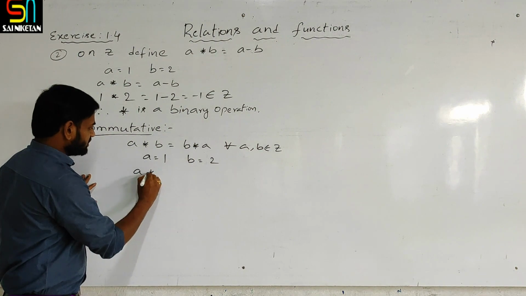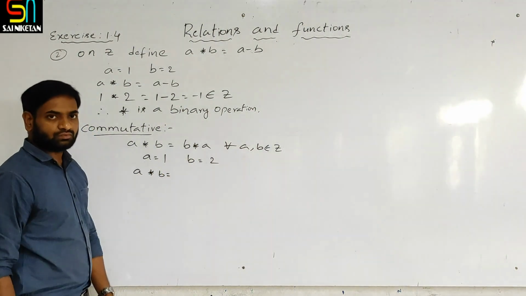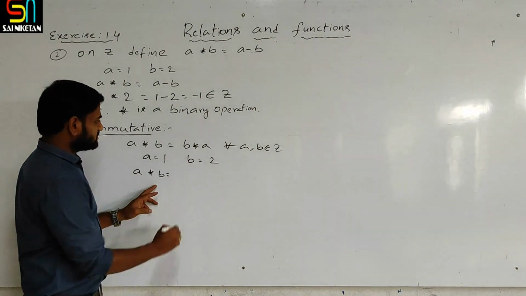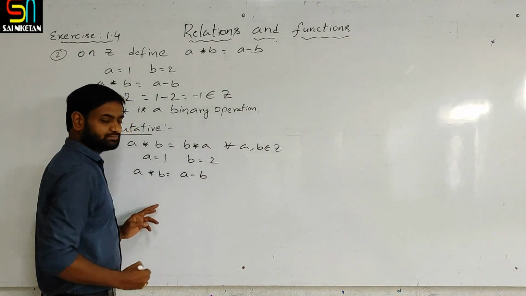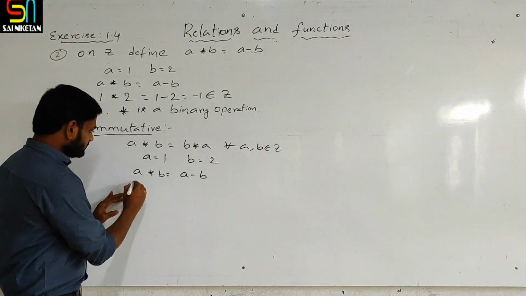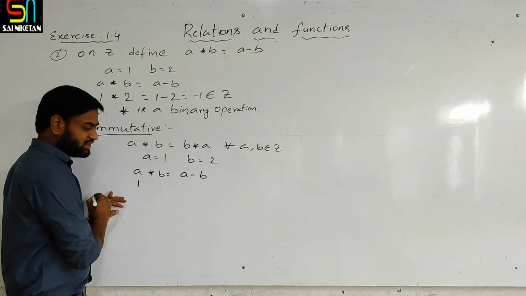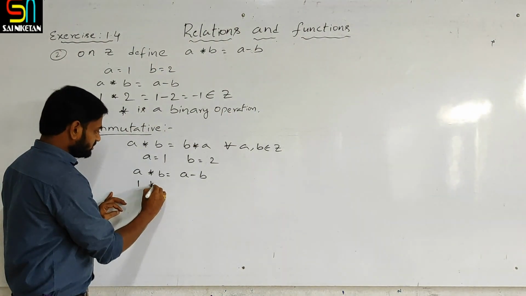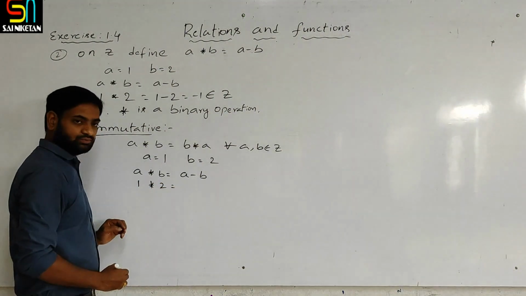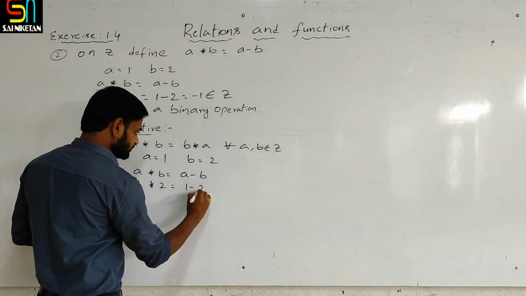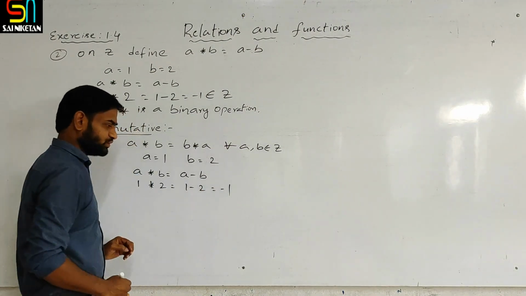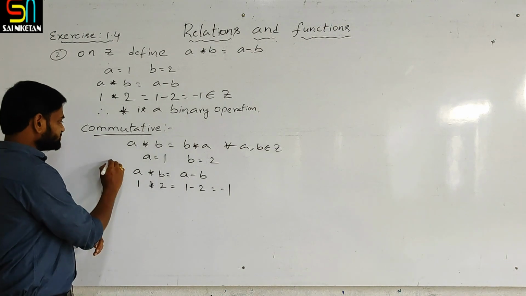First I am checking A star B. A star B is A minus B. Substitute: 1 star 2 is equal to 1 minus 2, that is minus 1.